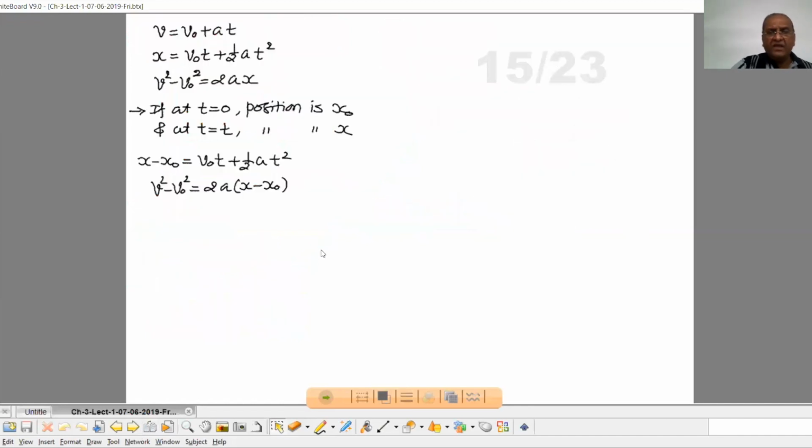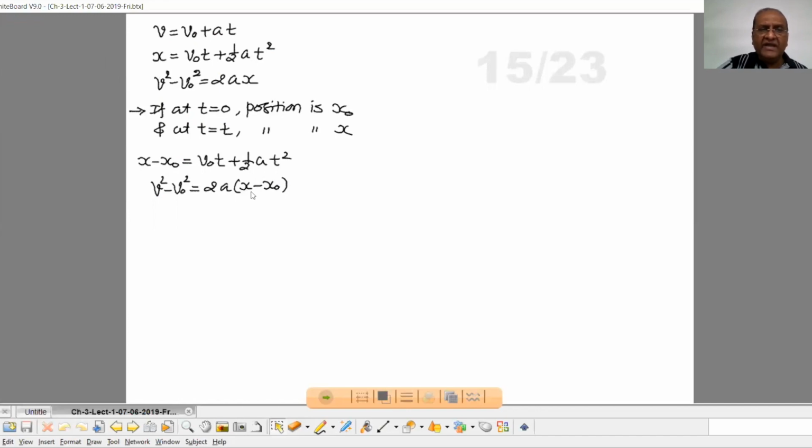Now see, when we derived these equations, we considered the initial position of the particle or the object to be 0. But suppose the particle has some initial position. If at time t equal to 0, the position is x0, and at time t, the position is x, then in these equations, we have to replace x by x minus x0.